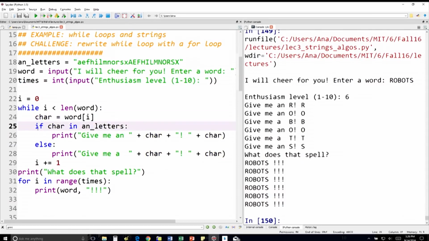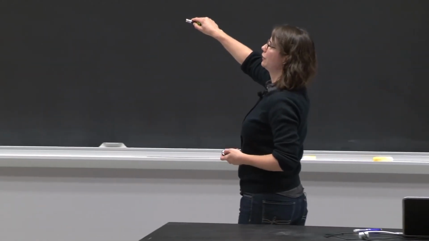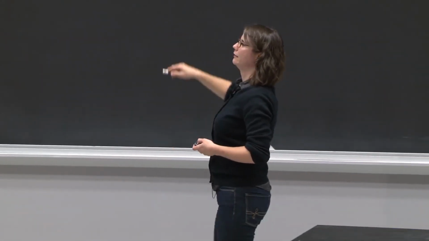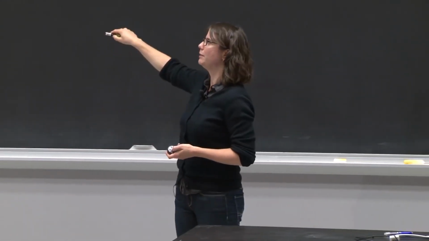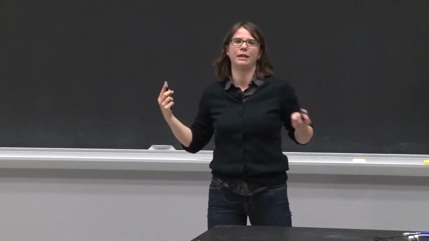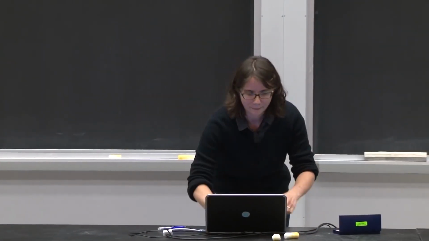This line here is just for the cheerleading to make sense. It's just to take care of letters that make sense to use "an" with, right? So "give me an A", but "give me a B". "Give me an B" does not make sense, right? So that's just taking care of that.